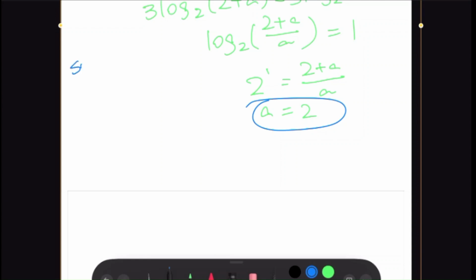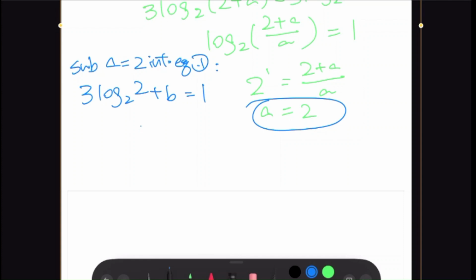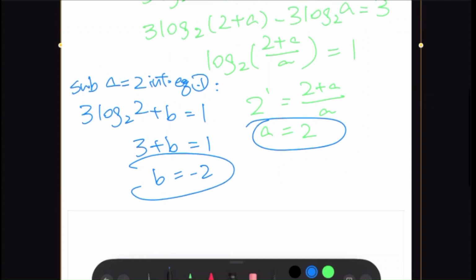And then finally, we can just sub in a equals 2 into any equation we want. So for example, if I do equation 1, we end up at this. So b equals negative 2, and that is how we get our answer. c equals 1, a equals 2, and b equals negative 2.